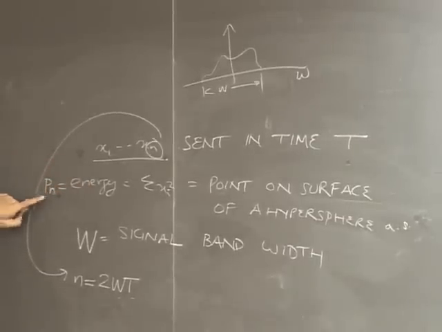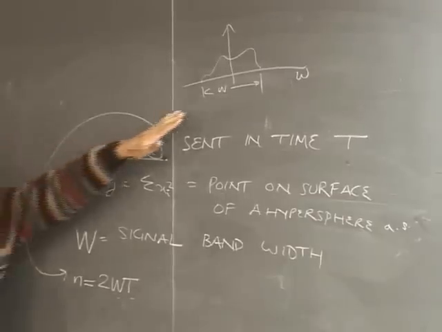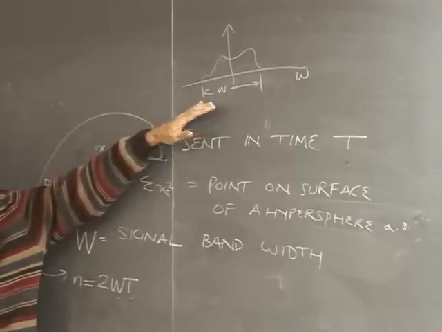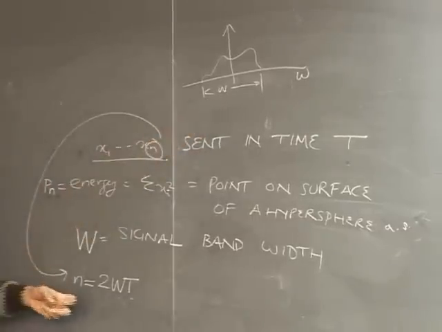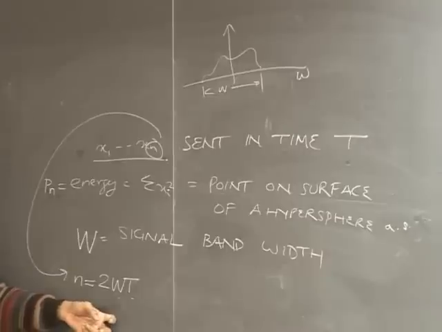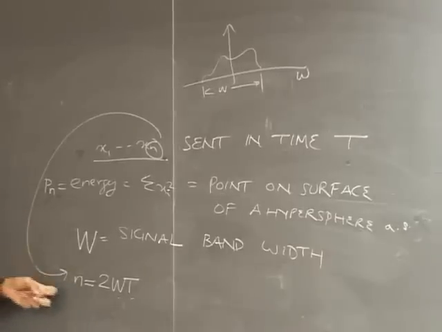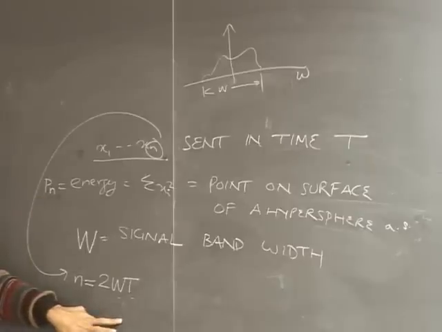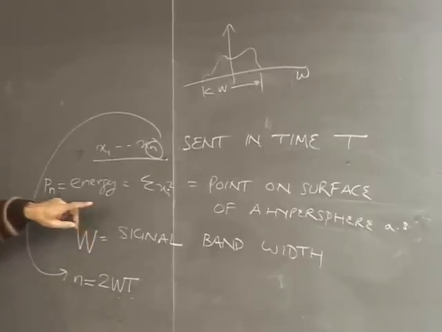And I'm saying that n over here, if we're sampling fast enough, the signal being an analog signal of bandwidth W, n must be 2Wt at least. So we'll say n is equal to 2Wt, in which case the energy is going to be 2Wt times P, because it's nP. And we know that the signal point is almost surely on the surface of a hypersphere, because I wrote that over here.